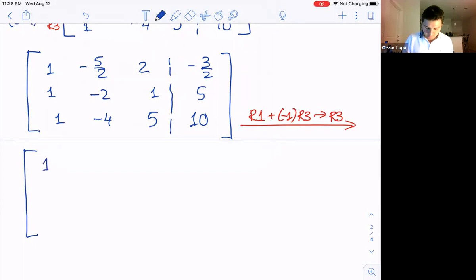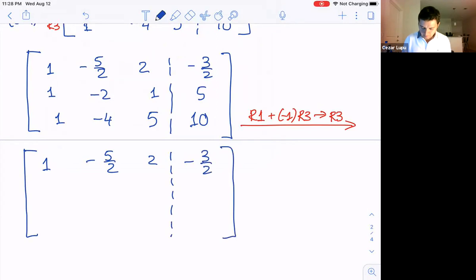The first two will remain unchanged. One, -2, 1, and 5. And now the last one, we said we're gonna, okay, so we'll have 0, -2, 4, and 5, right?